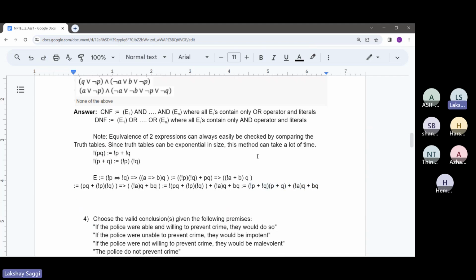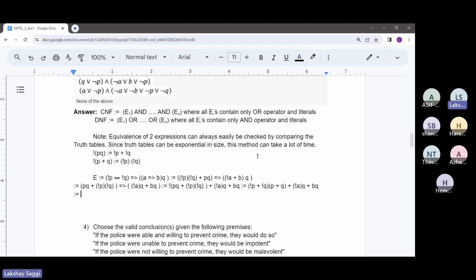And for further resolution, I can again open up these parentheses to simplify this term. So this not P will be multiplied with P and it will become false, so we don't need it. Similarly, this not P will be multiplied with Q, so this will become not P times Q, and then this not Q will be multiplied with P. So this term will also be added.